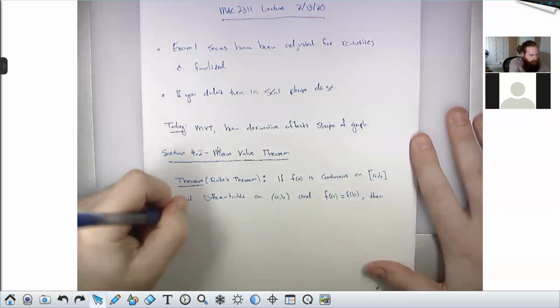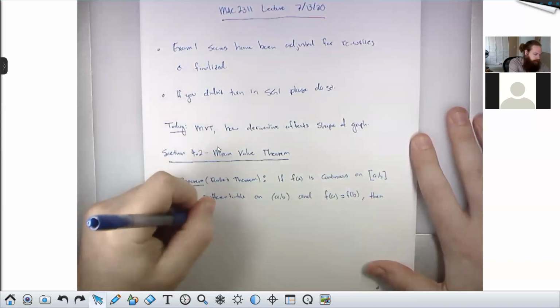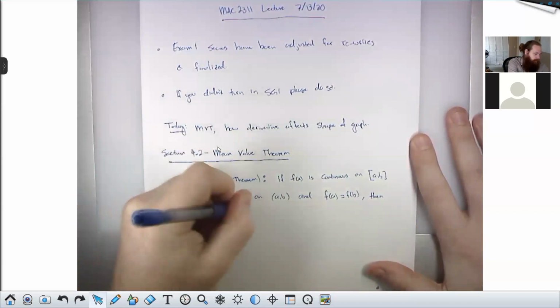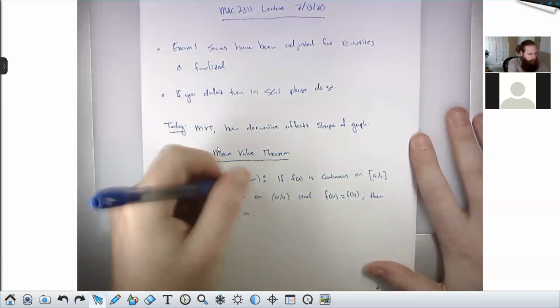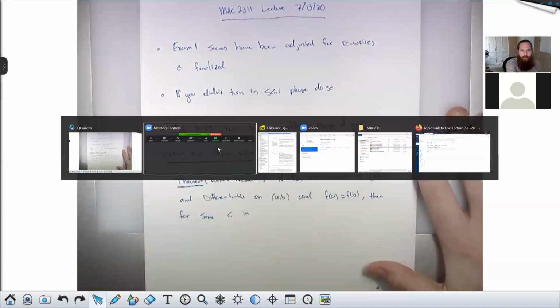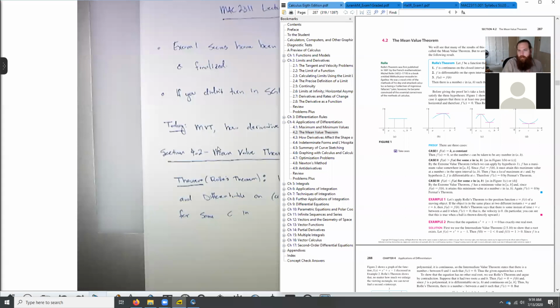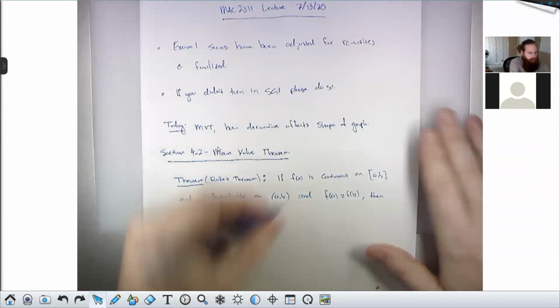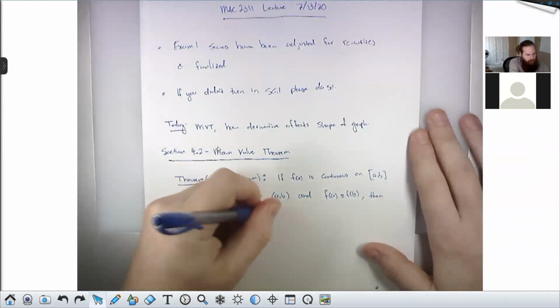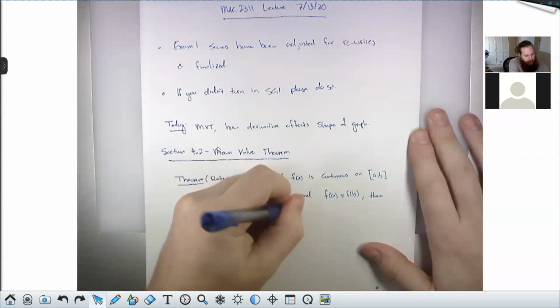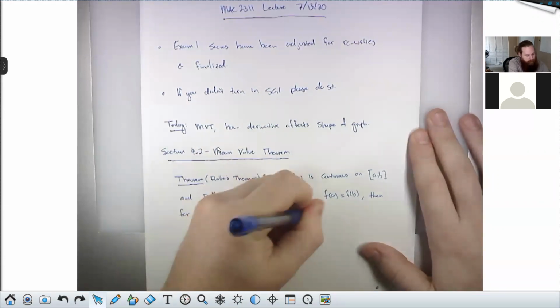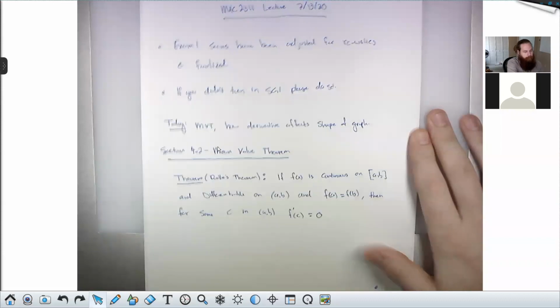for some C in the open interval AB, is it open or closed? I always forget this last part. And for some C, and yeah, in the open interval AB, f prime of C is equal to 0.